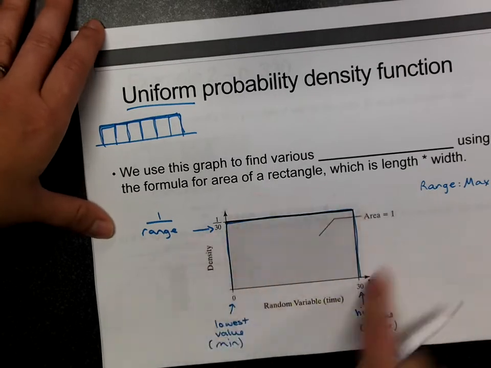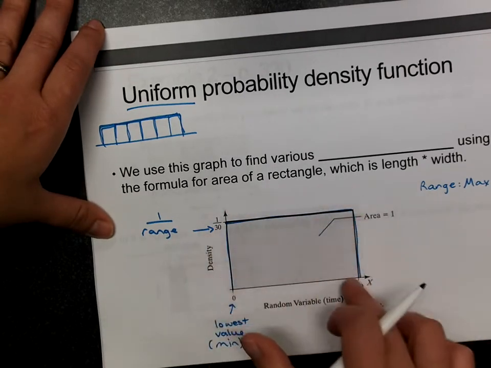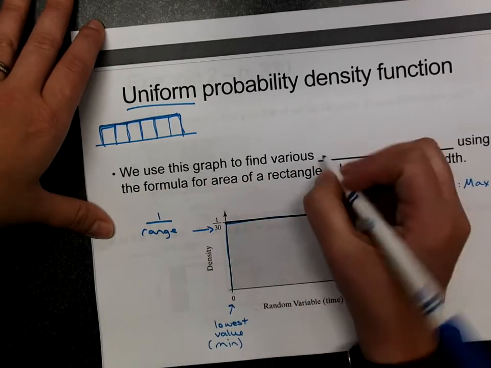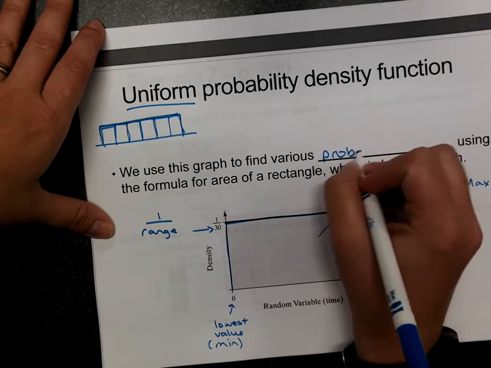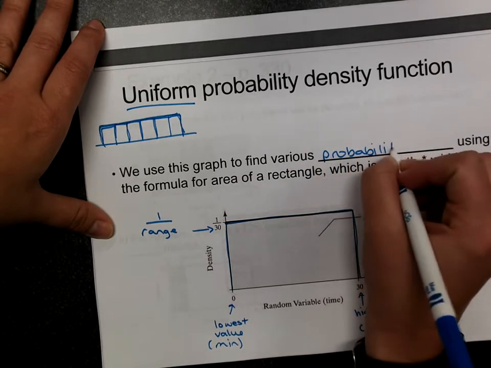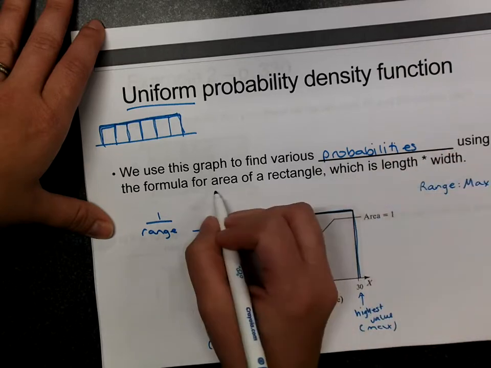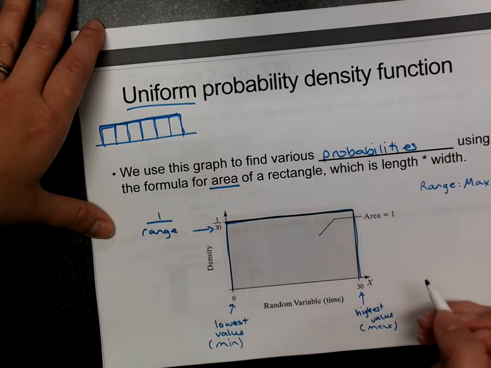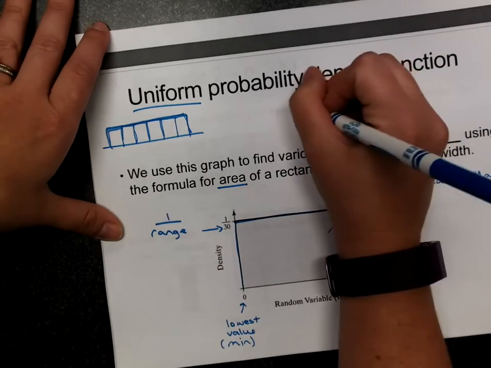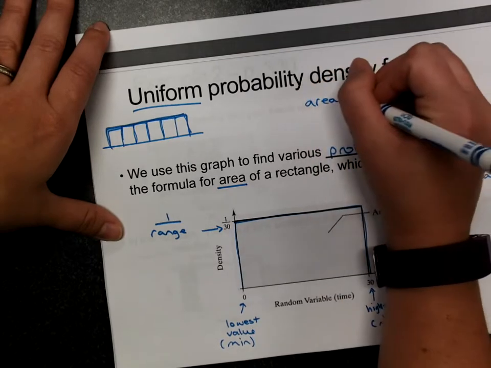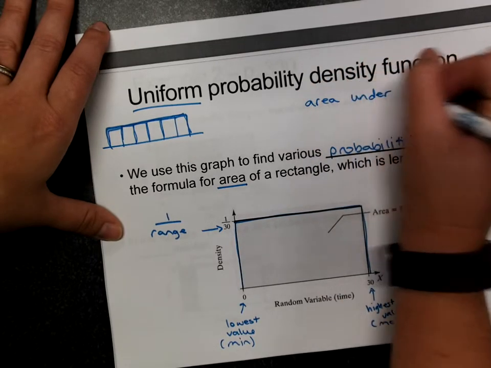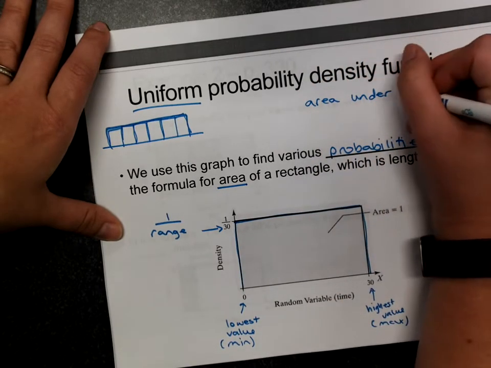So we're going to use this picture, this graph, this rectangle, to find various probabilities using the formula for area of a rectangle. So we need to keep in mind that the area under, they call it the curve.